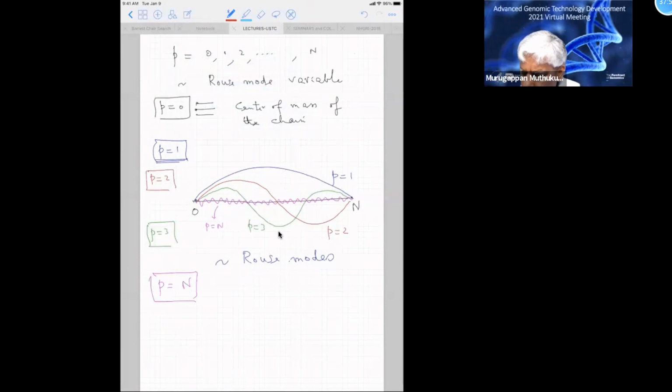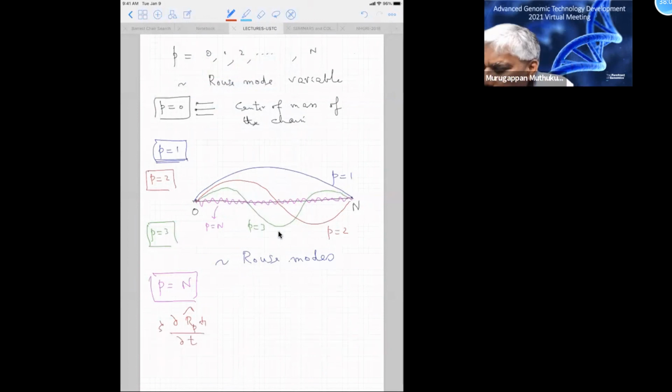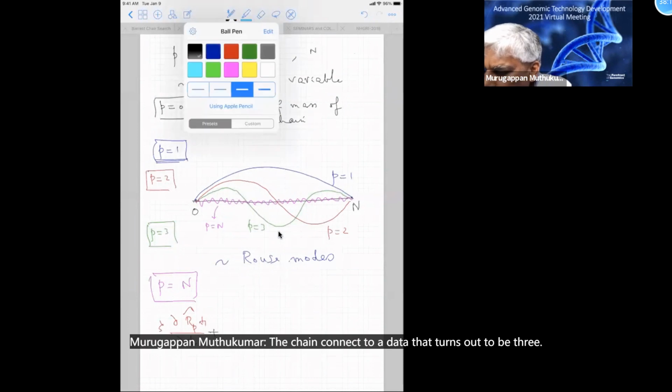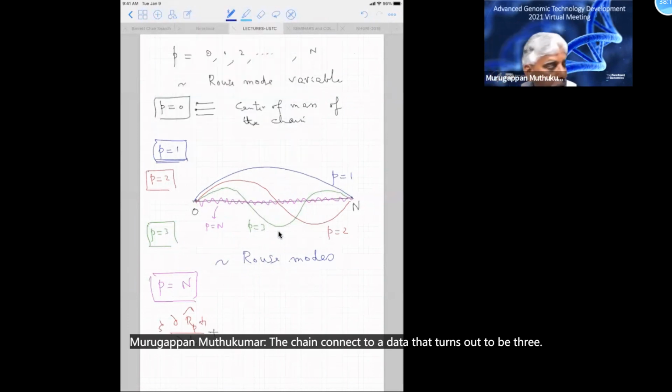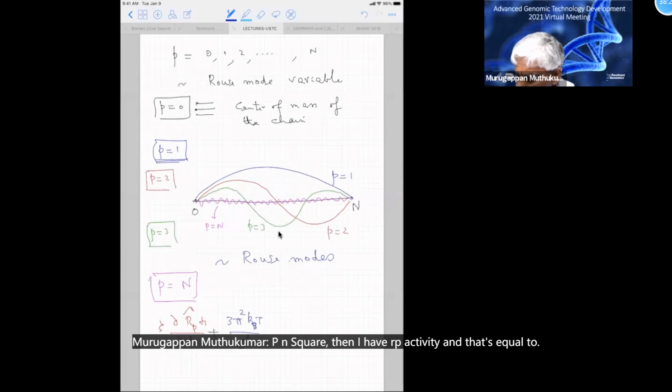Zeta d r hat p at t divided by dt. That's a friction term. Then we have the chain connectivity term, which turns out to be 3 pi square k_B T by L square, p divided by N square.